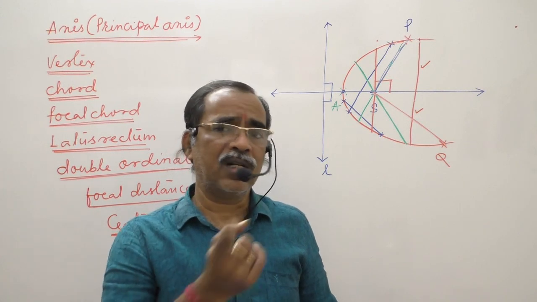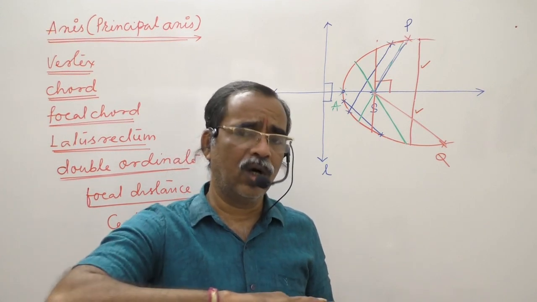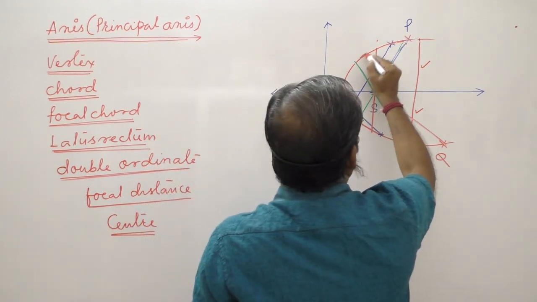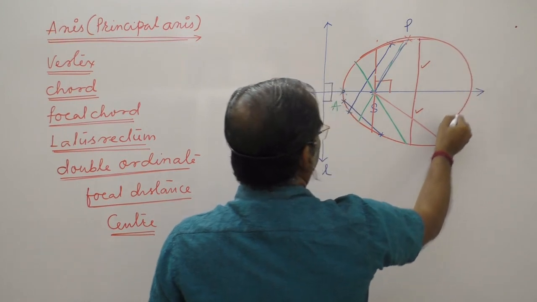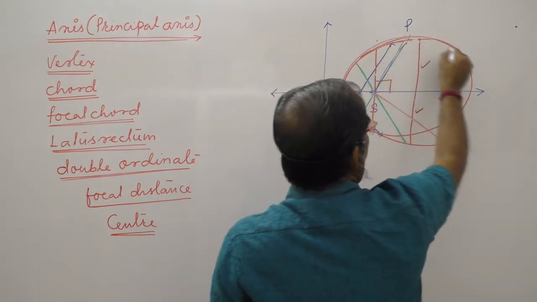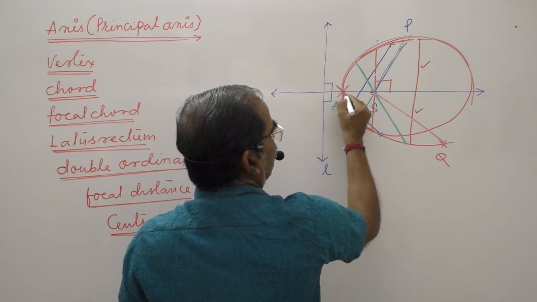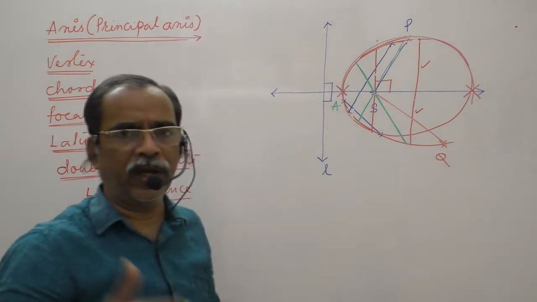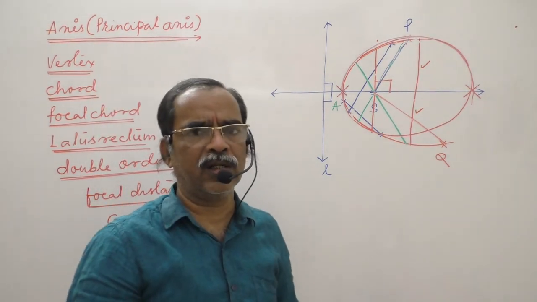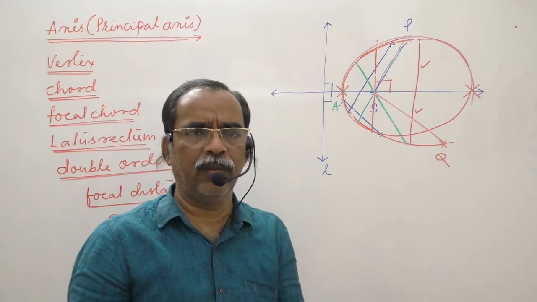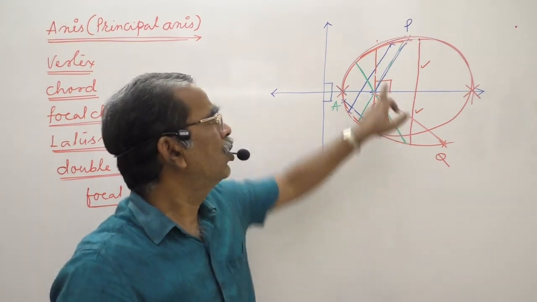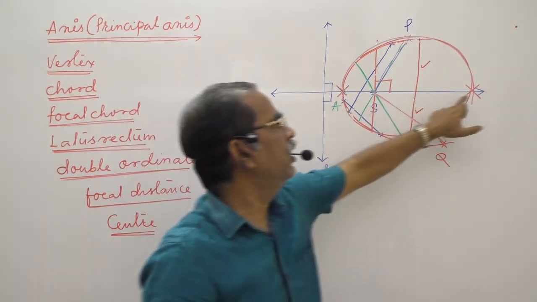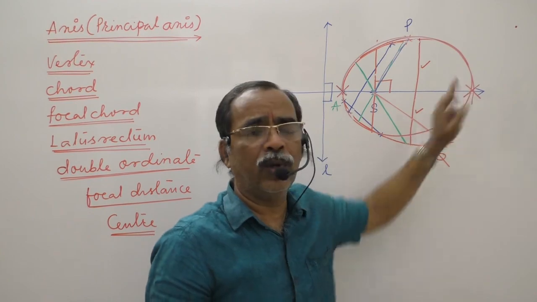If a conic cuts or crosses the axis in 2 points, for example, if there is a conic like this which is cutting the axis in 2 points, those 2 points where the conic is crossing the axis are called vertices. There can be one vertex or 2. So in this rough figure, the conic is crossing the axis in 2 points.